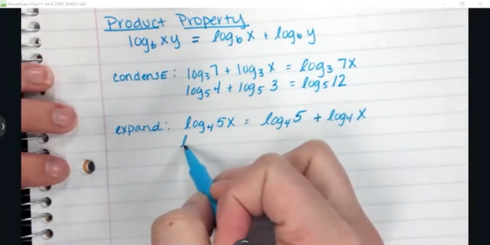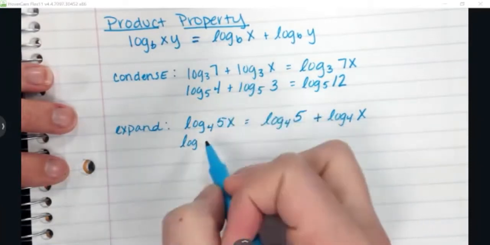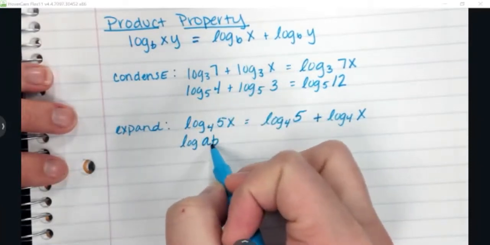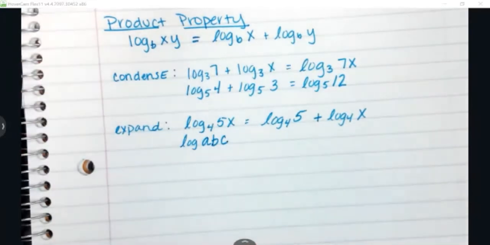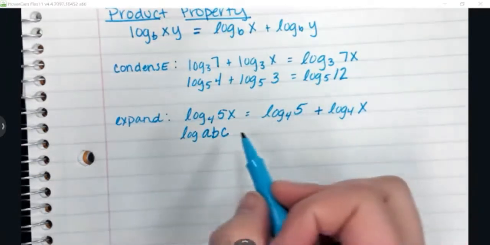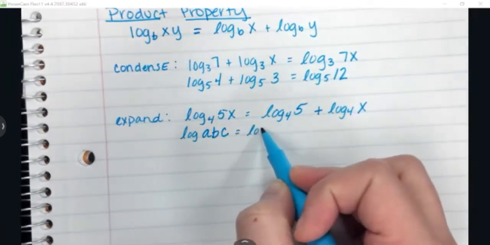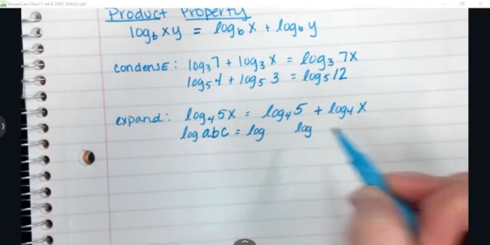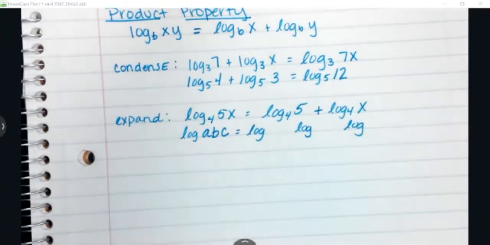So what if I give you this one? Log of A, B, C. How many things am I multiplying? 3. So how many logs should be in my answer? 3 logs. So I know I have 3 logs. There is always a base. What's my base? It's an automatic 10.